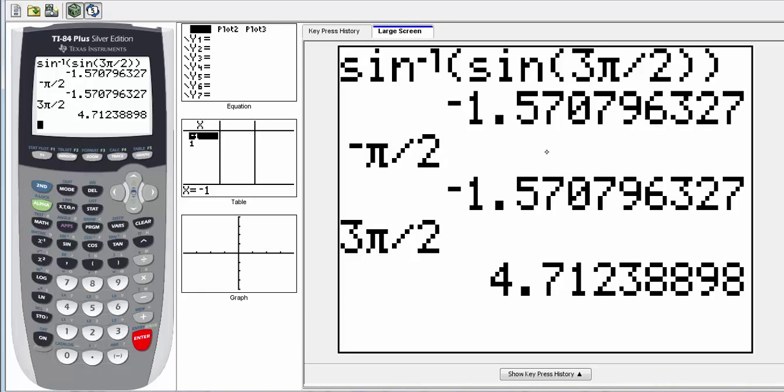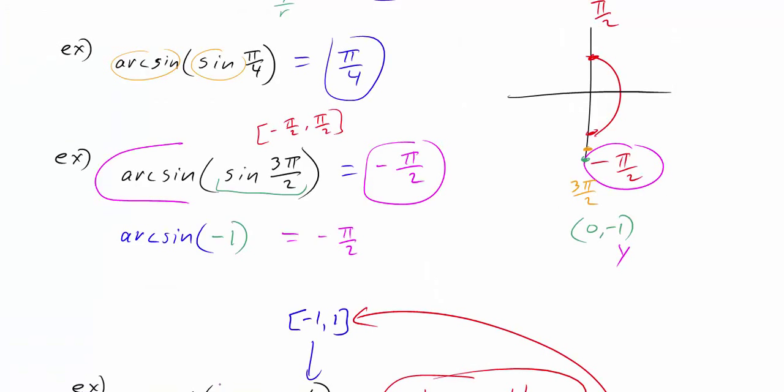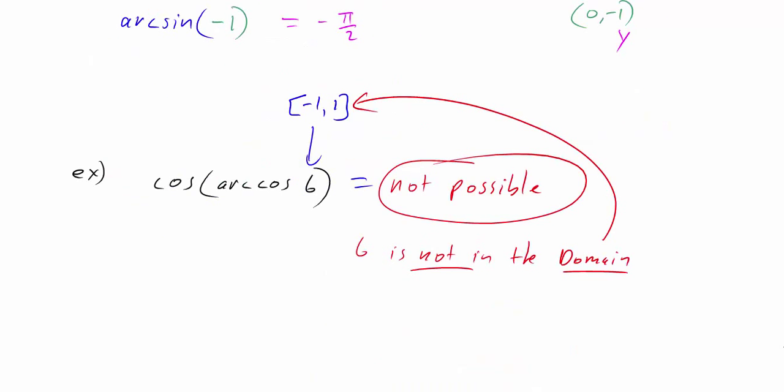Your calculator is always going to give you the correct answer as far as being within the domain. So notice your calculator gave us the answer of negative 1.57, which is negative pi over 2, which is within the range that we needed here. However, when we looked at this function, the 6 is not within the domain, so we can't even take the arc cosine of 6.